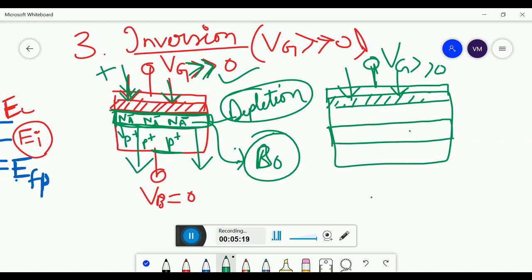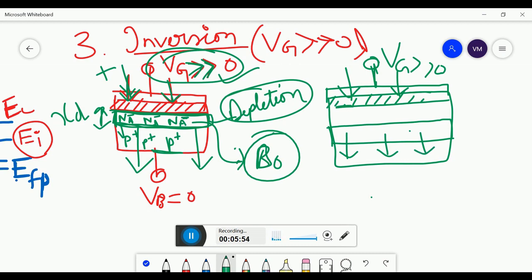The depletion layer. And remember, I have told you the depth of this depletion layer we show as XD, and this will always remain XD irrespective of this voltage, because after a particular voltage, the depletion layer will not increase. All this depletion layer will move downwards.